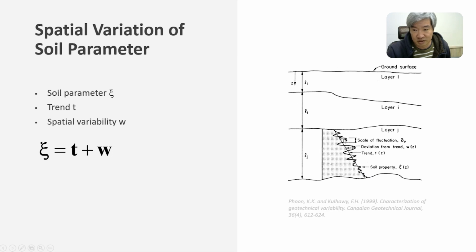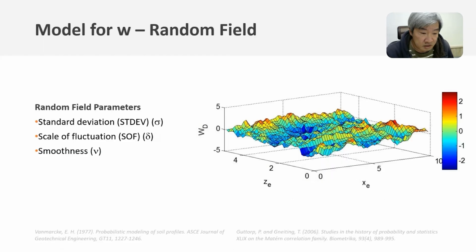Spatial variability is the oscillation around the trend. And the calculation engine has a model for the trend, and also it has a model for the spatial variability, which is W.